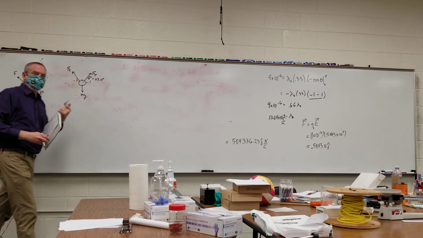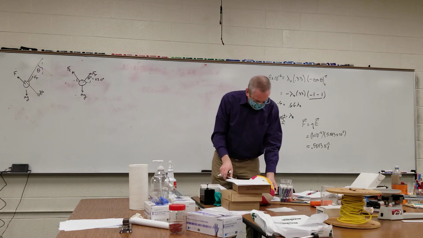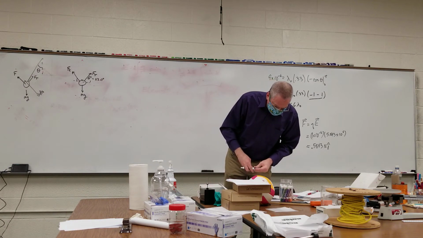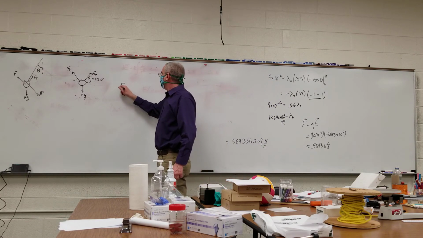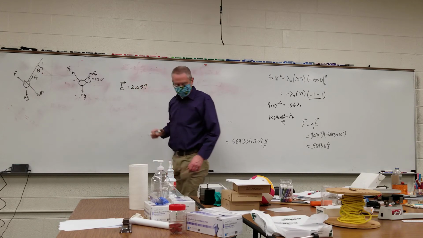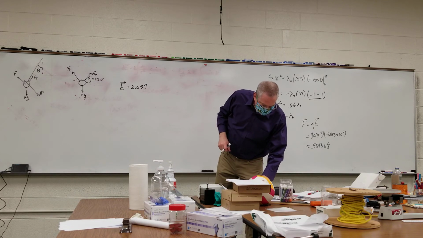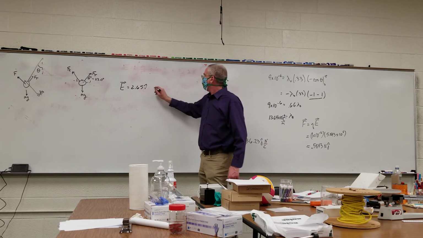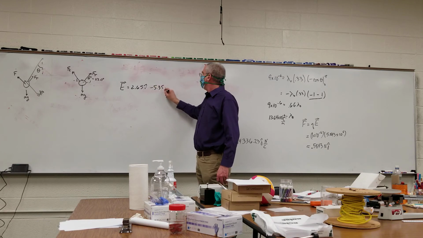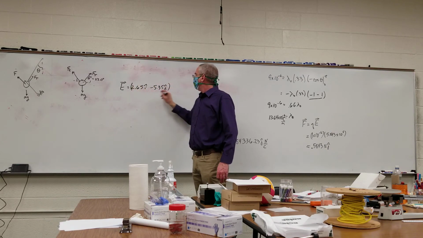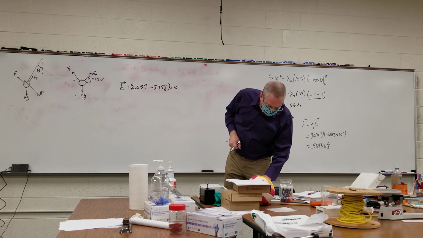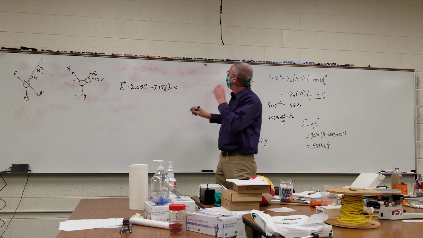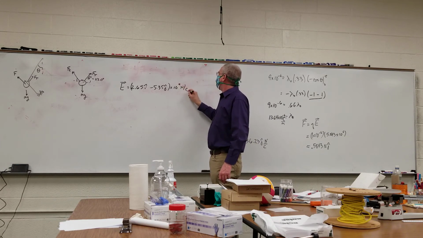And that angle right there we can figure out based upon the electric field. They tell us the electric field is 2.65 i hat plus 5.35 j hat times 10 to the 5th newtons per coulomb.